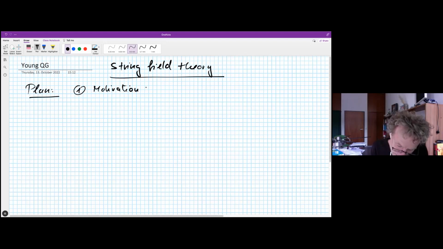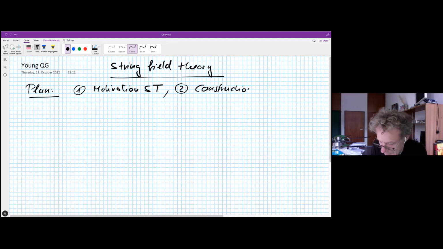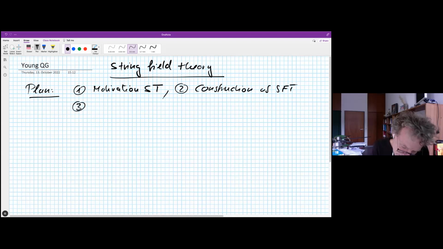So motivation for string theory first. And then second, I will describe the construction of string field theory. That will be the main part. And then finally, if we have time, we can perhaps talk a little bit about applications.